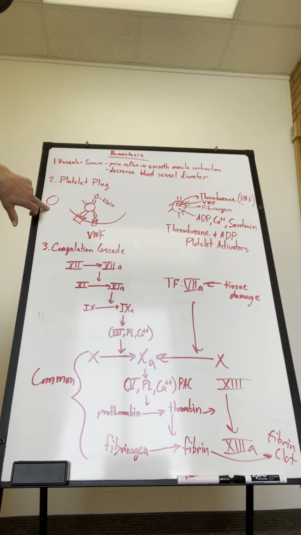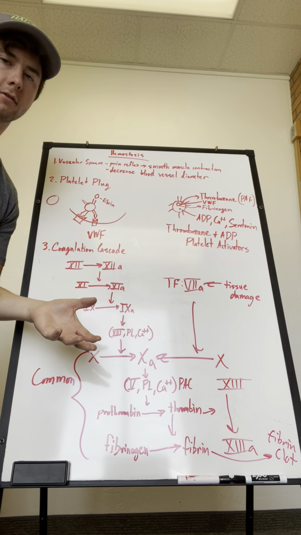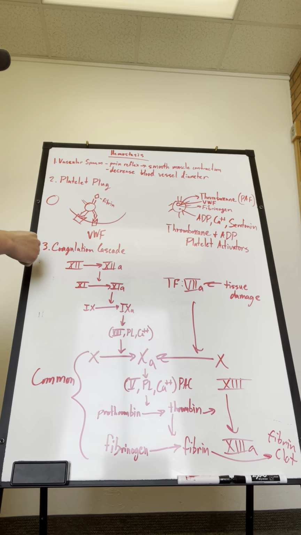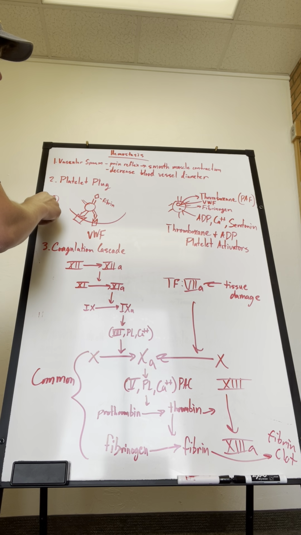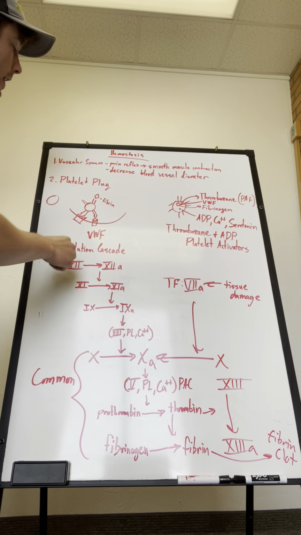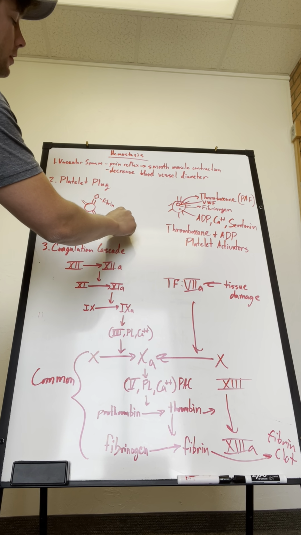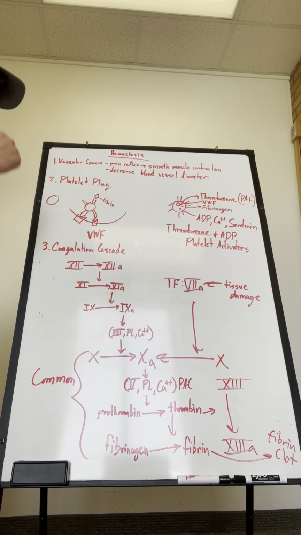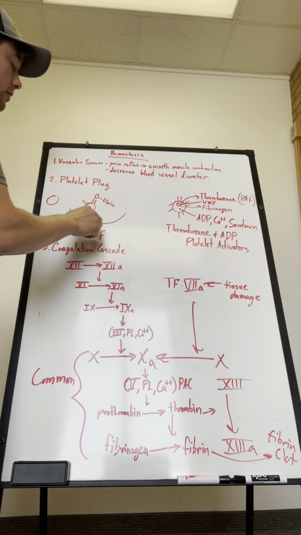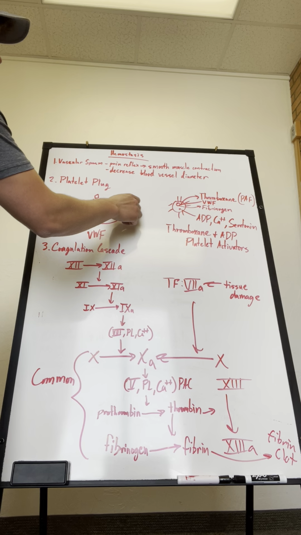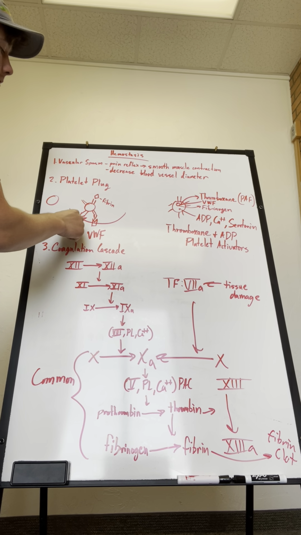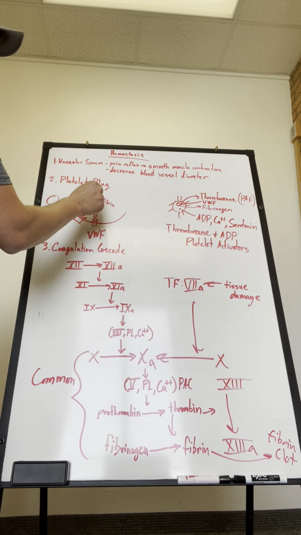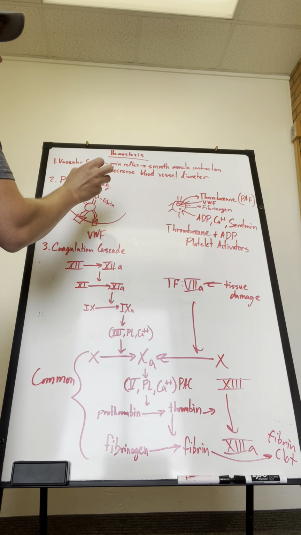So over here we have a regular platelet. It's not activated yet. It's flowing in the bloodstream. And then it encounters a rupture in the epithelial layer, and it will be exposed to collagen down here in this layer. Once it's exposed to collagen, these epithelial cells will produce something called von Willebrand factor, and that von Willebrand factor will bind to the platelet.